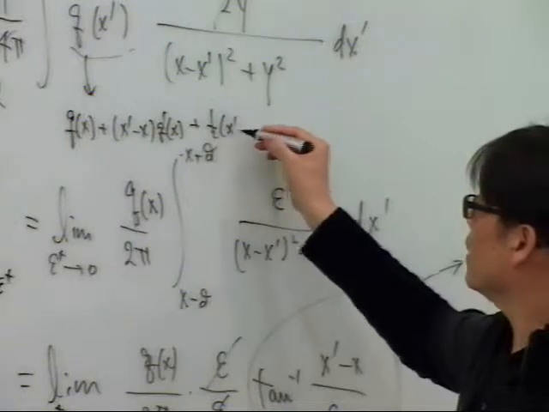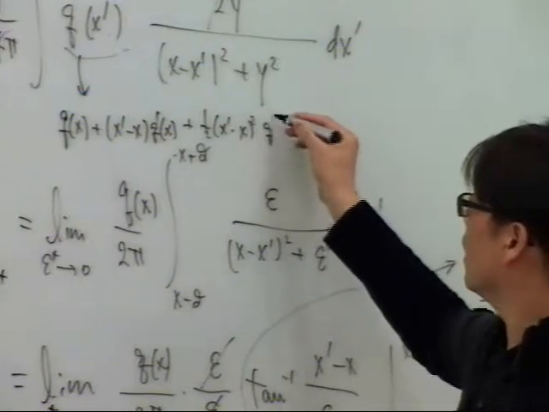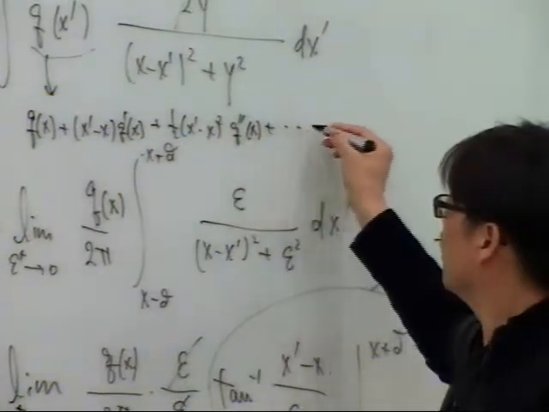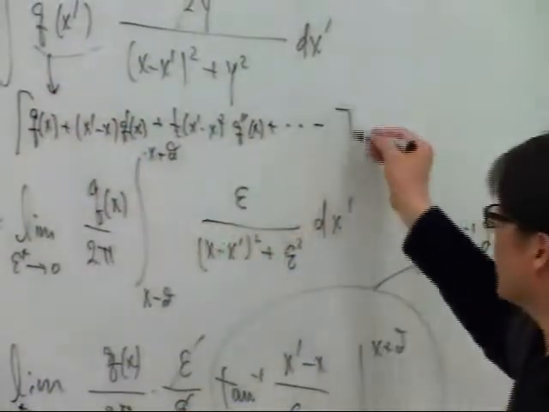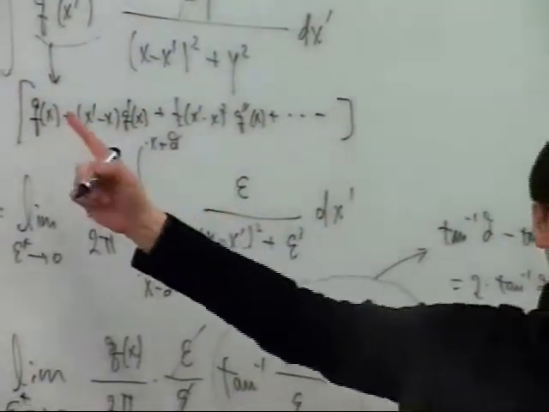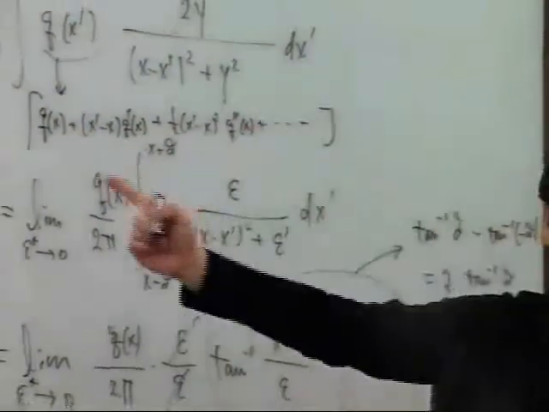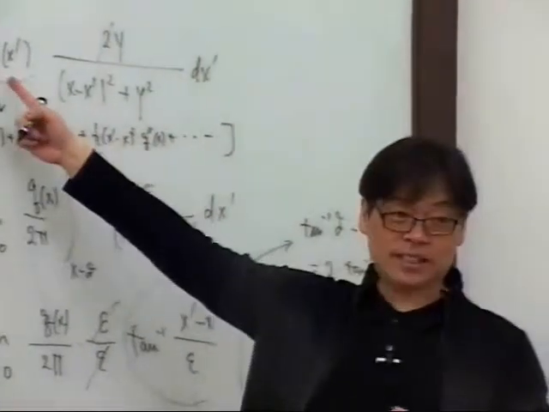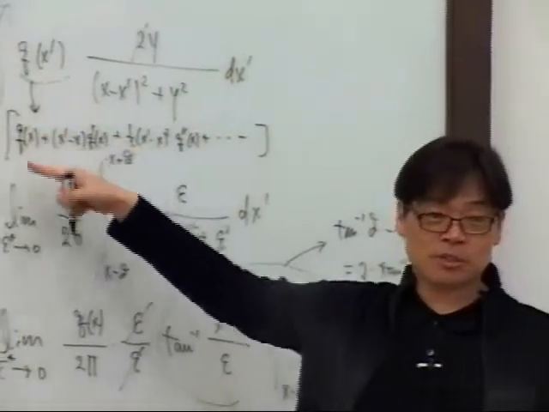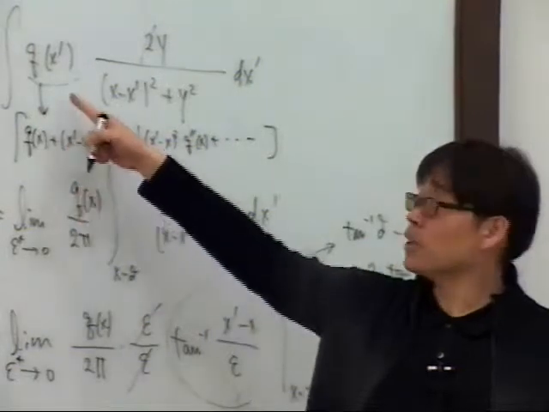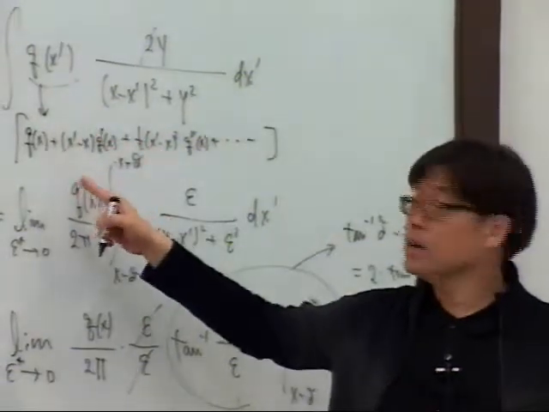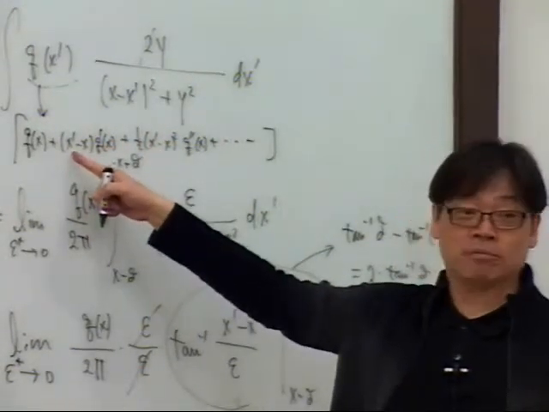I can keep doing it. So far I didn't make any assumption. With the Taylor expansion, if I add an infinite number of terms, this is exactly this. So there is no approximation so far. I expand about x. That's why I put x prime here.